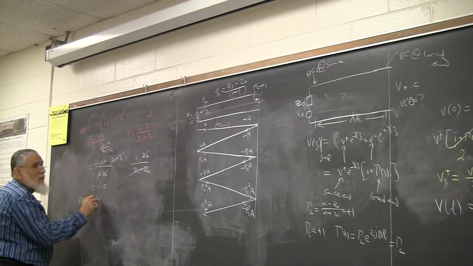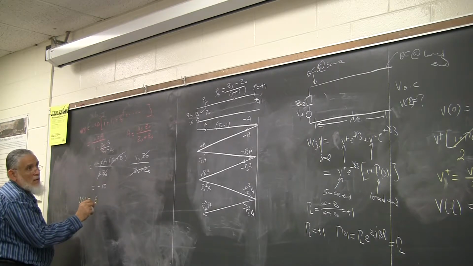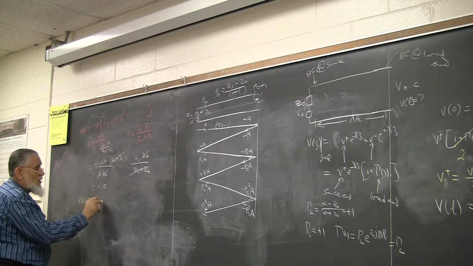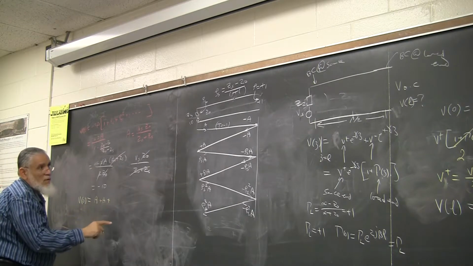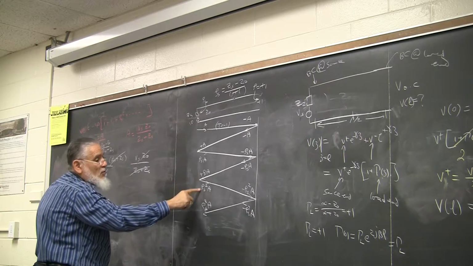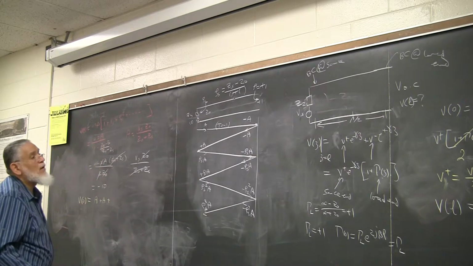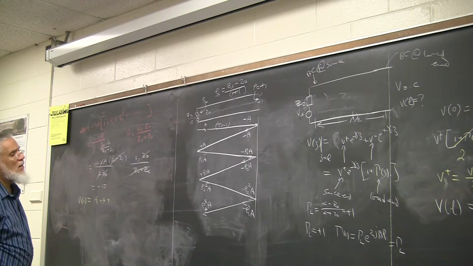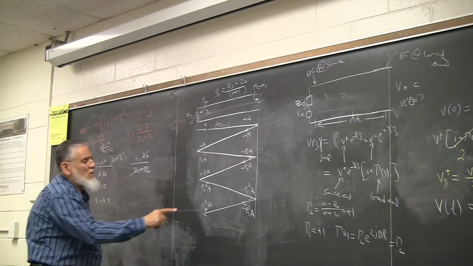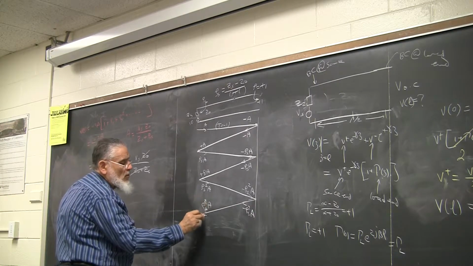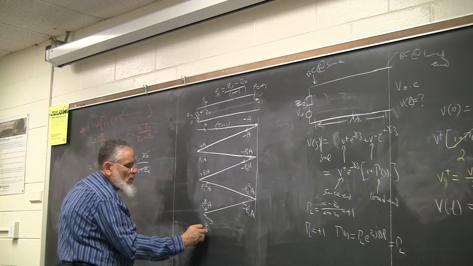It's A plus A, if you wish, plus rho S A, rho S squared A. Wait a minute, that's still rho S squared, rho S cubed is here.